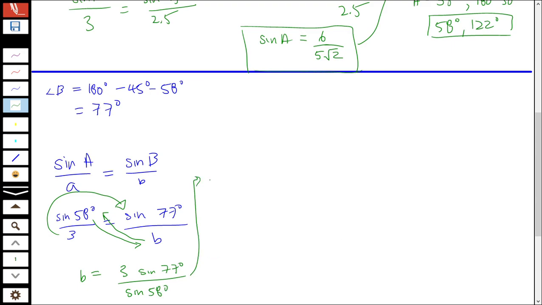So let me calculate what that is going to be. 3 sine 77 divided by sine 58, and I get a value of 3.45 meters, that's what I'll have.